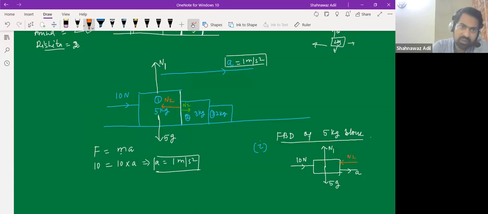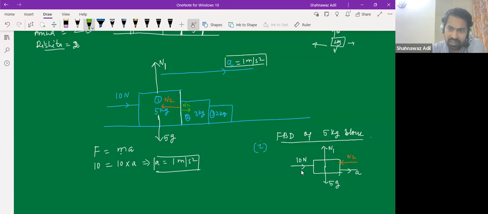And what can you say about this green N2, guys? Sir, it is related to the 3 kg block, right? Yeah. So can we write this N2 in the right direction? Sir, only when we push, right? No, no, no. I am asking about the free body diagram.